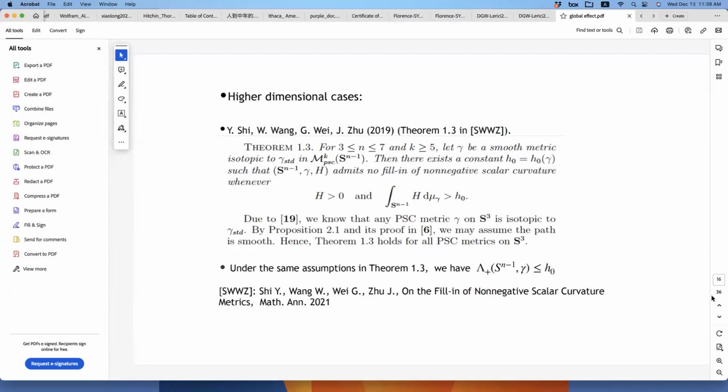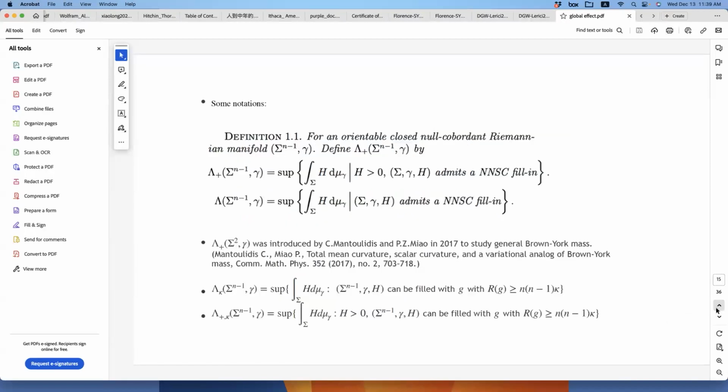So now, in order to investigate Gromov's theorems more closely, we need the following quantities. Lambda plus is the supremum of the total mean curvature among all the negative scalar curvature fillings of this triple. And here we need to assume that the mean curvature H of the boundary with respect to the normal vector is always positive.